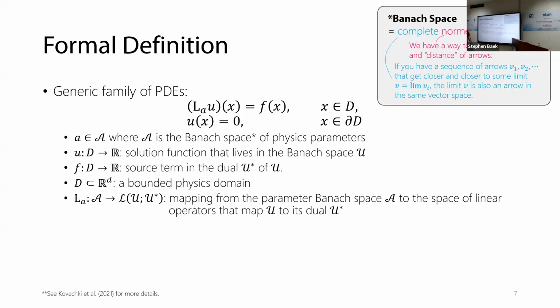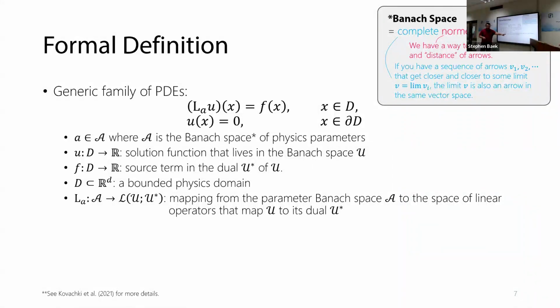So as you can see over here, this L_a maps from the parameter Banach space. So what that means is it's a set of functions that defines the physical parameter at different locations. So we go from the space of those parameters to the space of linear operators.